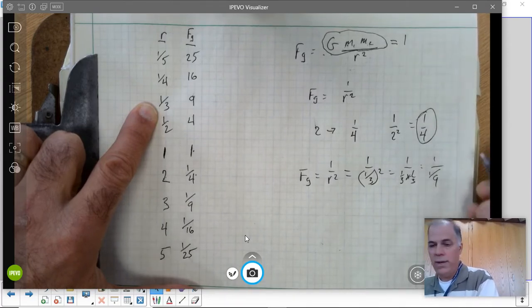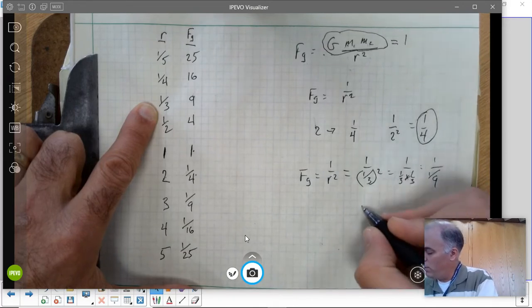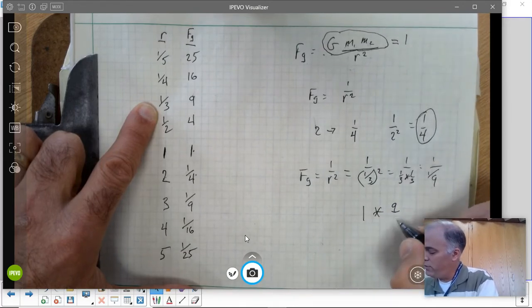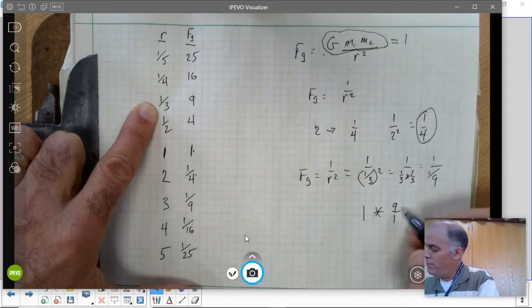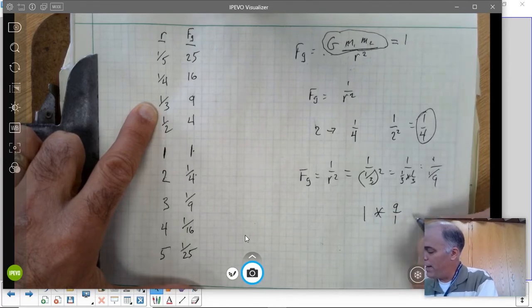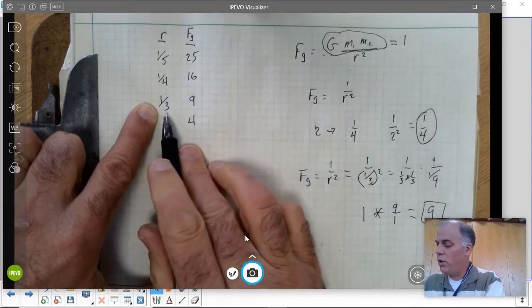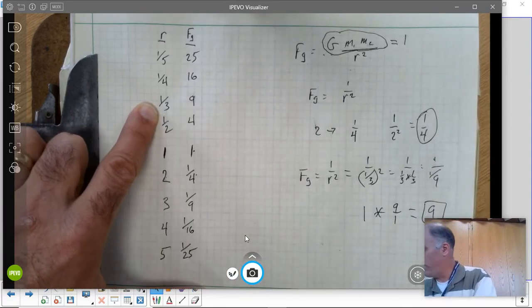And as you know, if you divide by a fraction, 1 divided by 1/9, that's the same as multiplying by the inverse, 1 times 9 over 1. So when we divide by this fraction, we can resolve that by flipping it upside down and multiplying by that. And 1 times 9 is 9. And that's the answer we get. So 1/3 the distance is 9 times the force.